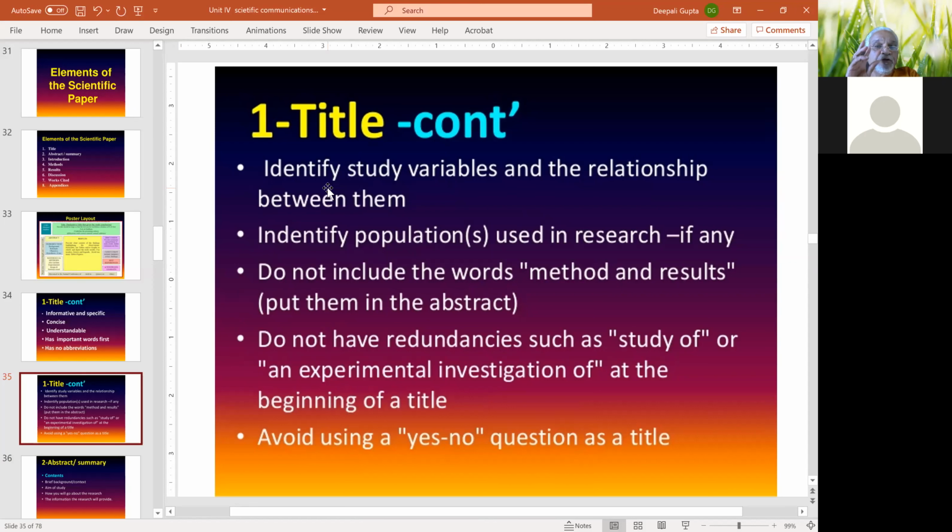I mean, the title should give the reader an idea of what kind of variables you have used in the study and where this study has been conducted: which population, which plant, which animal, which group of animals, and things like that. And there are some don'ts also which we should not do in the title. There should not be any yes or no question.